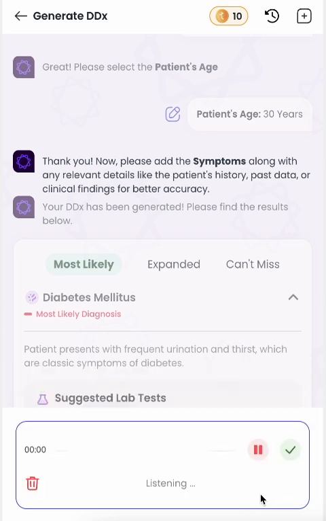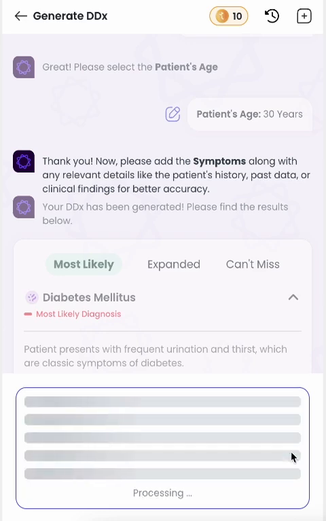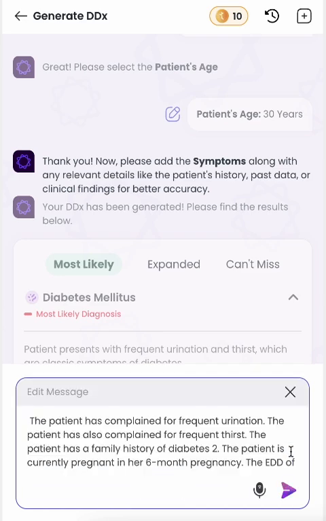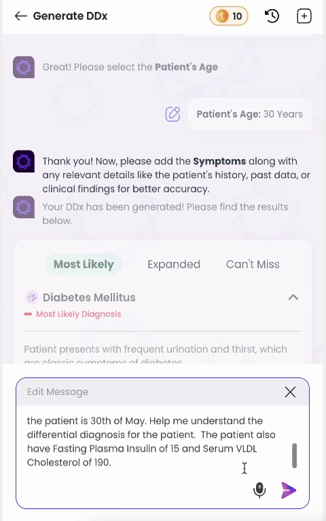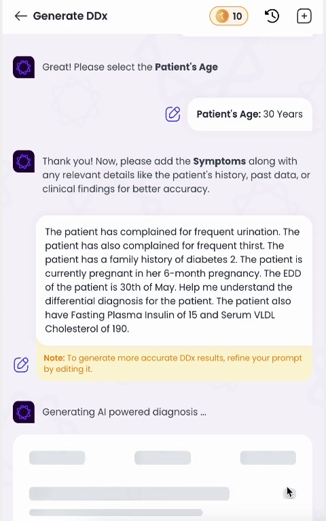Say, for example, the patient also has fasting plasma insulin of 15 and serum VLDL cholesterol of 190. So this will again get processed into the same medical history, right? And will give more accurate information on the patient diagnosis in case there is a change around that, right?